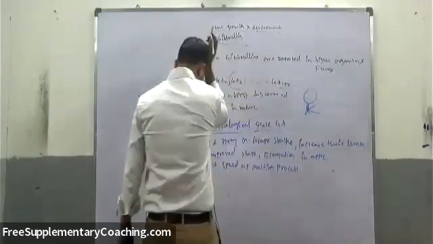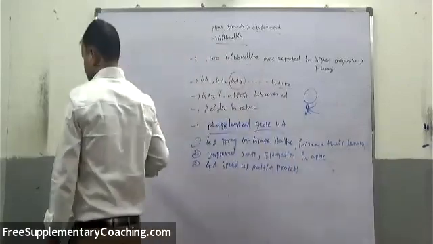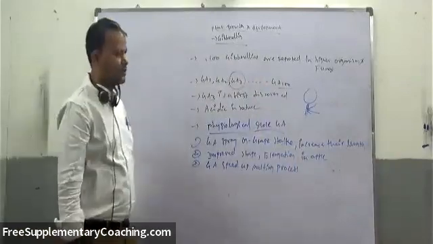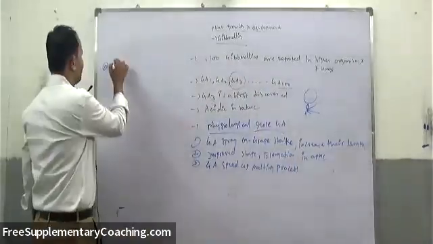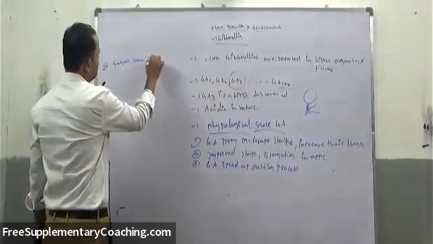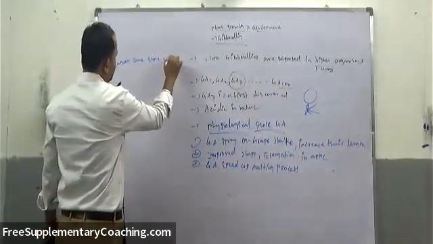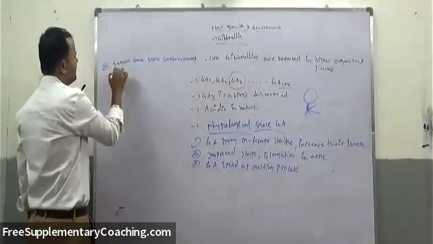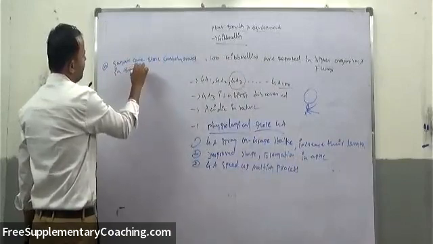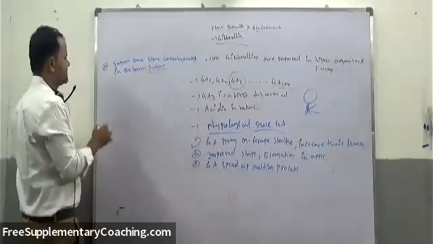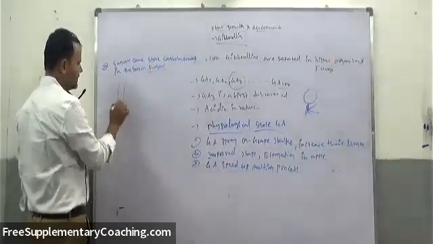The next, fourth role. Generally, sugarcane stores carbohydrates in the form of sugars. When we spray gibberellic acid on sugarcane, what happens?